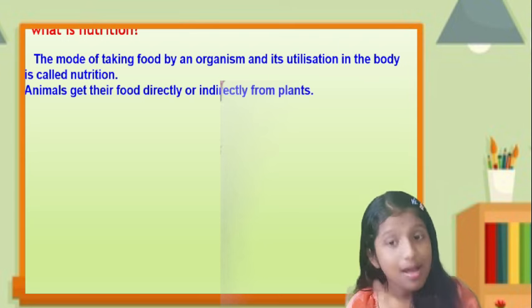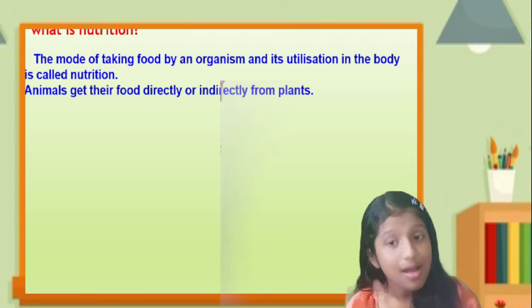The rabbit eats grass. It's from plants only. Then the tiger comes. The tiger hunts and eats the rabbit. The rabbit eats plants. If the plant is not there, how would the rabbit be there? The rabbit is not there, and the tiger is not there. So this is the process where we depend on plants directly or indirectly.